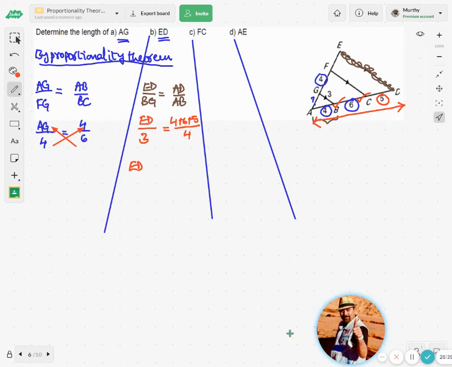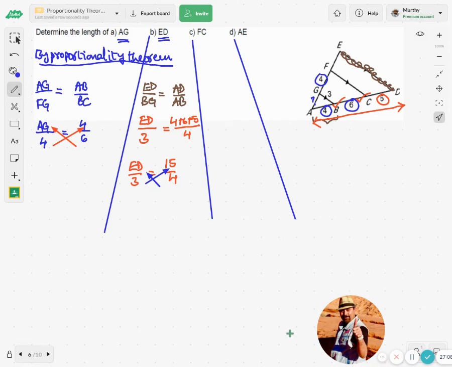So it is AD over 3, 4 plus 6 plus 5, that gives me 15. 4 plus 6 is 10, then 10 plus 5 is 15 over 4. You know what to do next. So you have to go for cross multiplication, and the computation or the calculation part I'm leaving it to you.